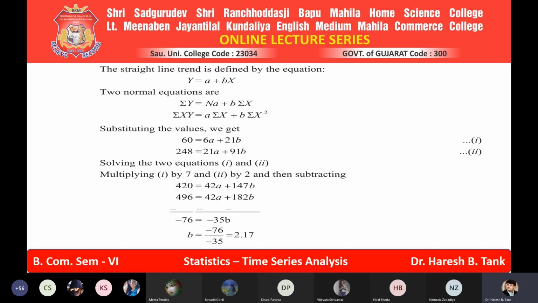Now, substitute all these values in the equations. Summation of y is equal to n times a plus b times summation of x. So as you have calculated, summation of y is 60. So 60 is equal to 6 times a plus 21 times b becomes our first equation.